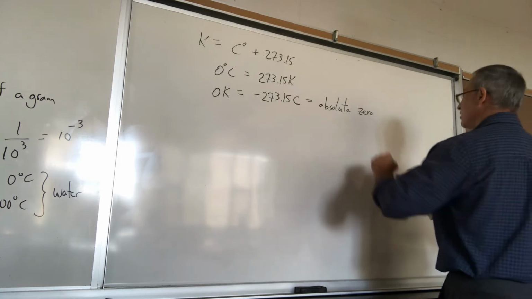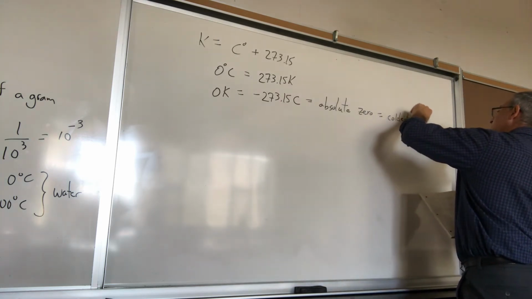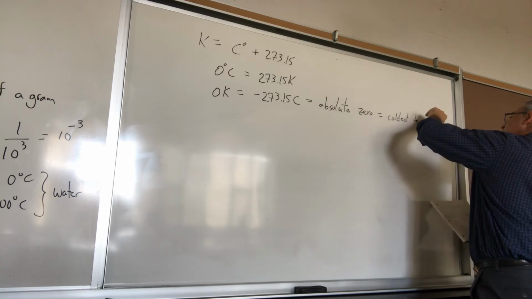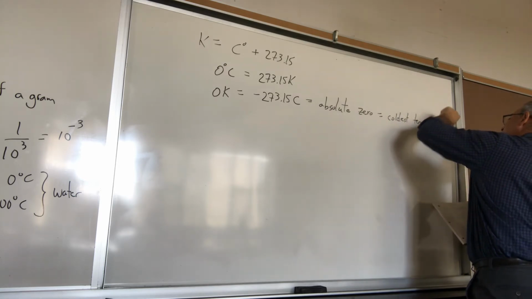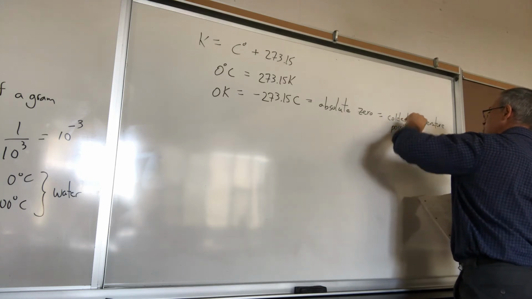Anyway, absolute zero is the coldest temperature you can get to. You can't get colder than that because there's just no more heat to give up.